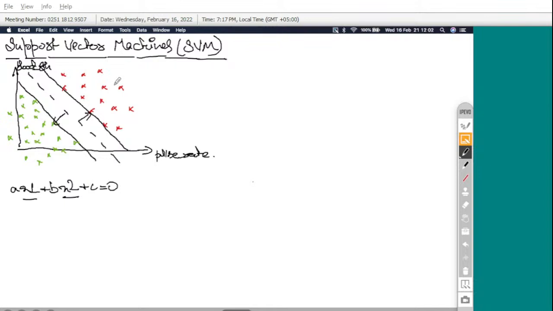Yes, now this looks more correct. Got it? ax1 plus bx2 plus c equals 0 can be the equation of this best fit hyperplane that is classifying the observations, right? Yes, c is the constant, the intercept. Clear, guys?